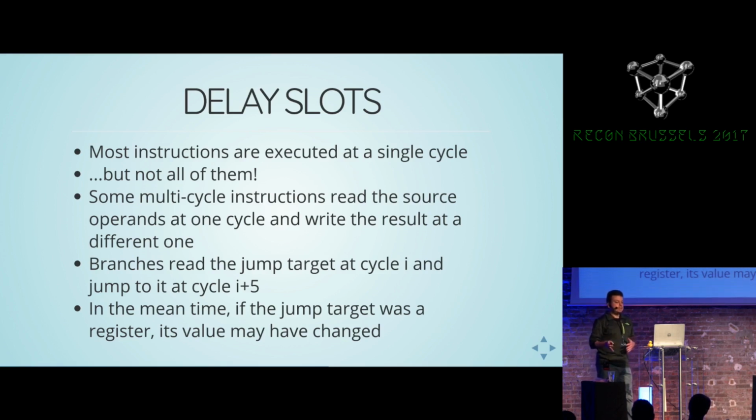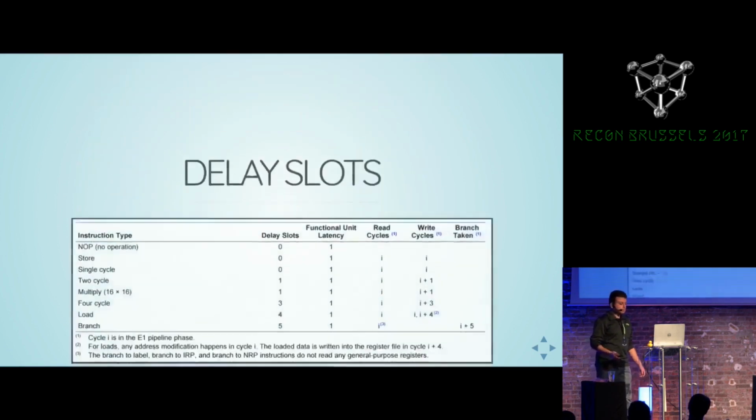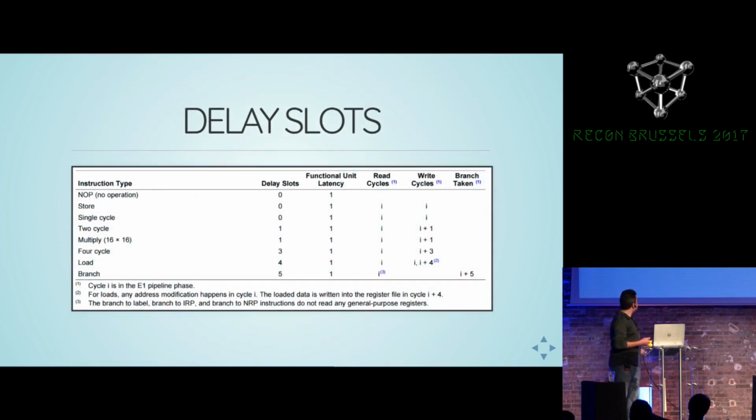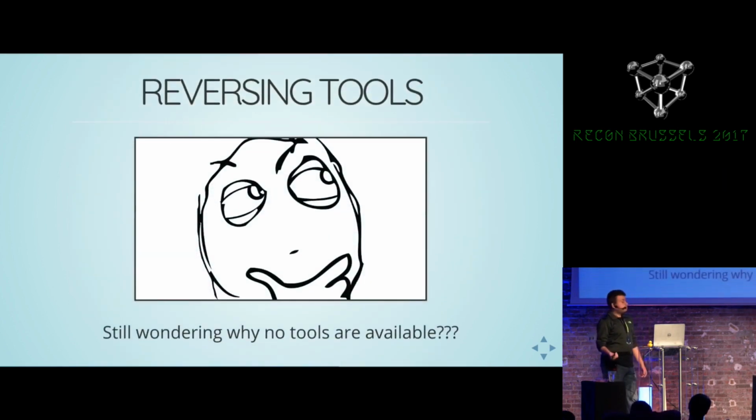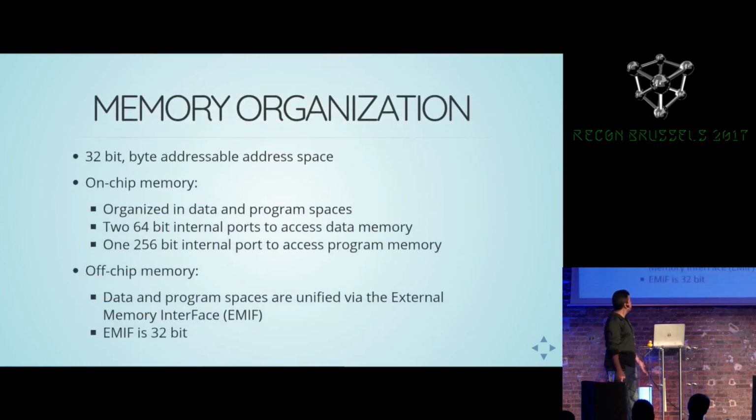In the meantime, this register may change its value, everything may happen. There's a table over here, not that important, that specifies the write cycles. So, if you still wonder why no tools are available, it's a pretty exotic architecture. I mean, it's pretty difficult to make tools for this thing.